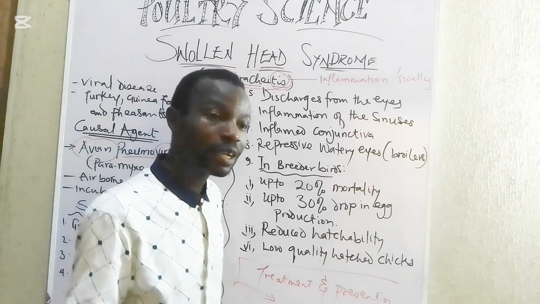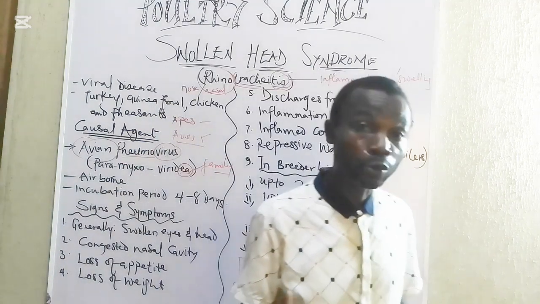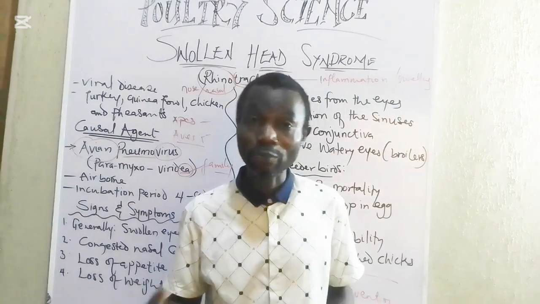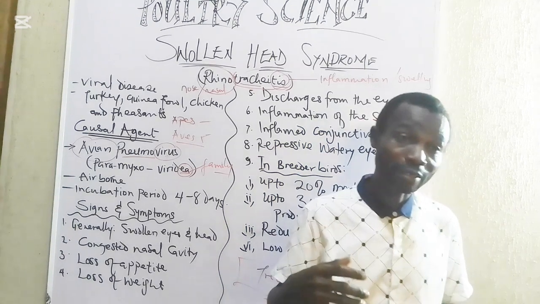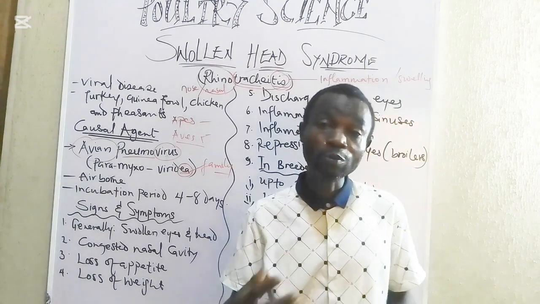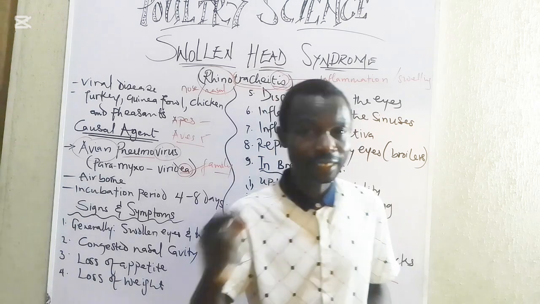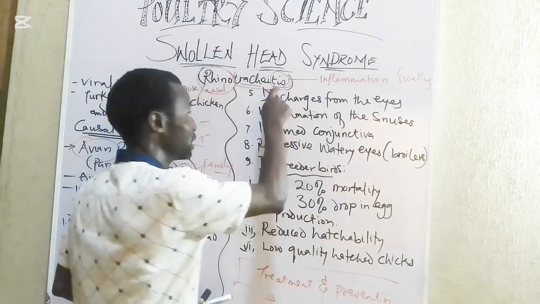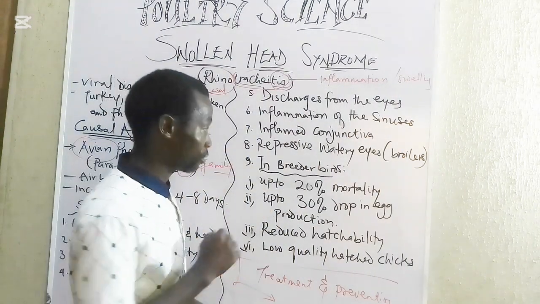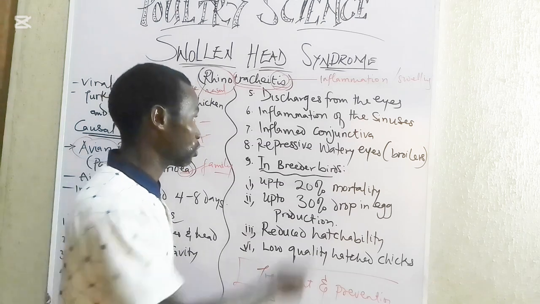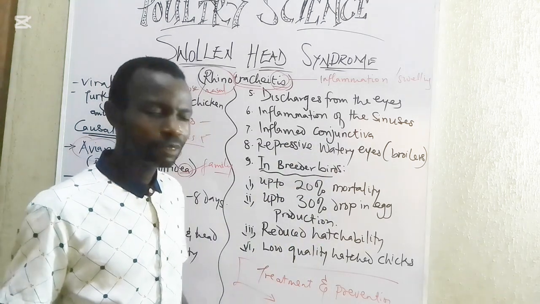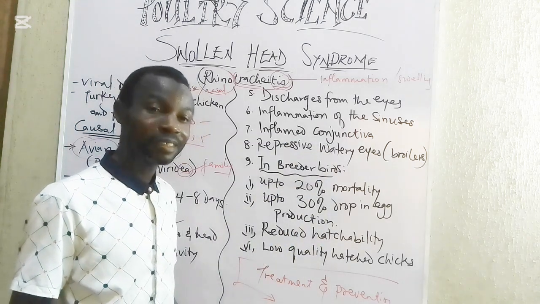Now, in our local parlance, it's called Apollo. When someone has Apollo, people say so, but that's wrong. What is called Apollo is actually conjunctivitis. That brings us to this: anything ending with -itis means an inflammation. So conjunctivitis. So you see the inflamed conjunctiva. You can say maybe Apollo.